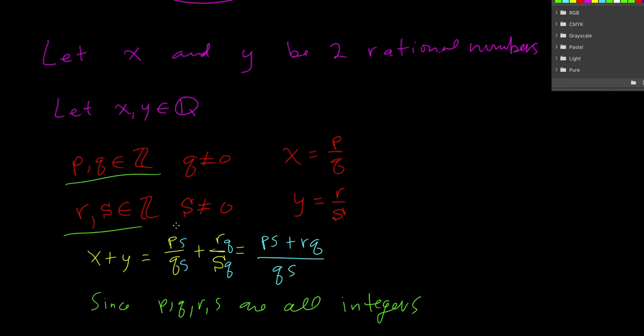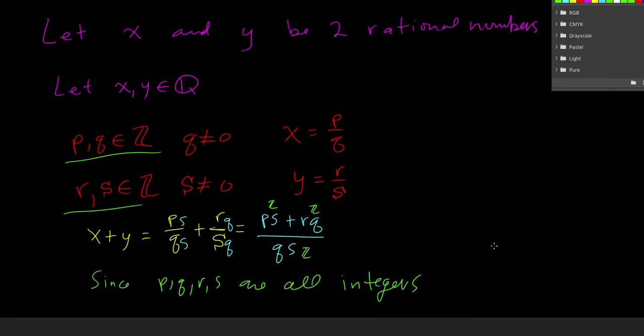Since we know that those are all integers, we can say that an integer times an integer is an integer. So we know that this is going to be an integer. We know that this is going to be an integer. And then we know if we add two integers together, we also get an integer. So the top just becomes some integer.